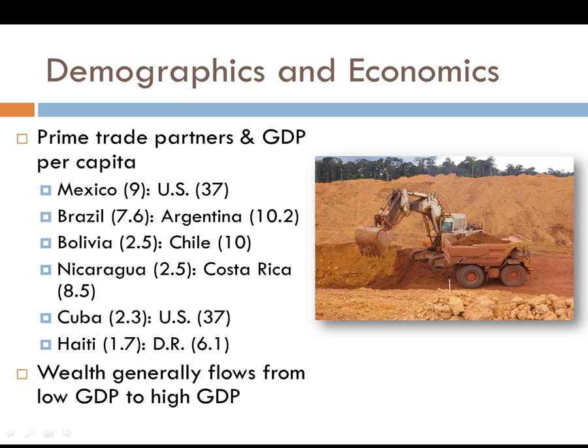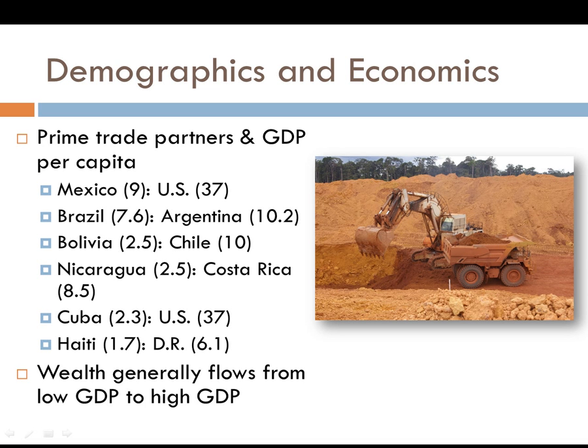Later stages tend to accumulate wealth from earlier stage countries. So Mexico is definitely not in the same level of development as the United States. It's not at the same stage in the demographic transition model, and we tend to accumulate more wealth in the United States than in Mexico.